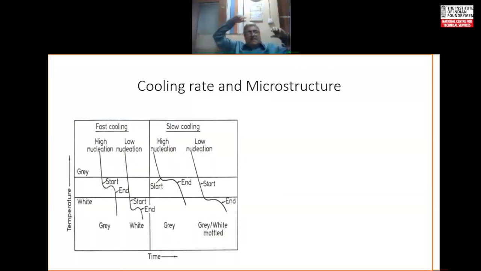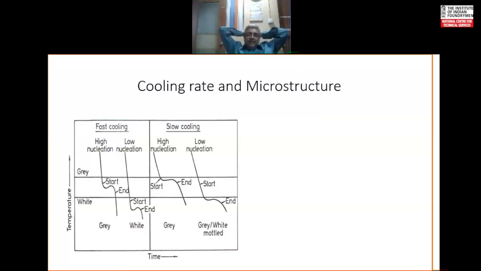Here is another diagram which shows fast cooling and slow cooling and different levels of nucleation, and whether the solidification will occur as white iron, that is cementite, or gray iron. Pretty self-explanatory, really.